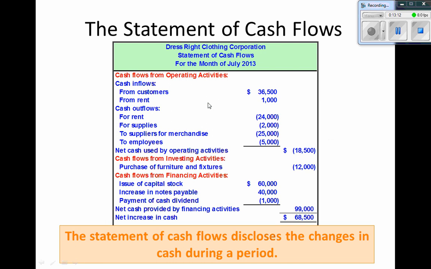The statement of cash flows is necessary because our income statement is based on the accrual method, and net income does not equal cash flow. Cash flow is important to investors and creditors.